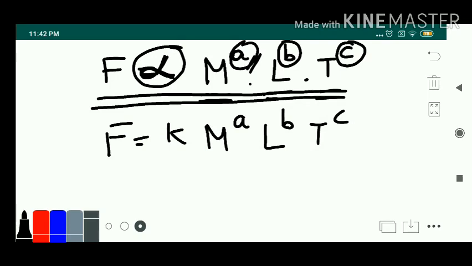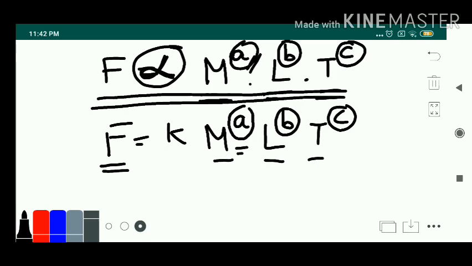This much is clear, I think. And what is our end result, or what is our new job? We have to find the values of a, b and c, so that I can write force in terms of mass, length and time in this example. In this example I have to move a block of mass from one position to another position of length L, right? So these a, b, c values I have to find.